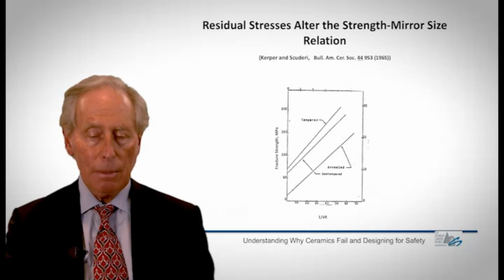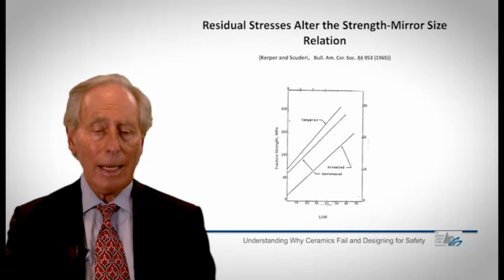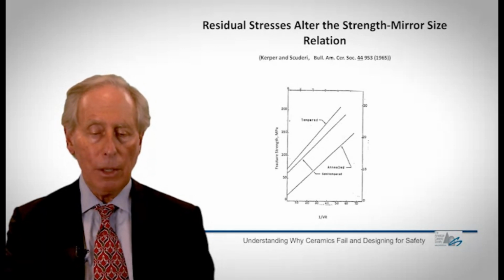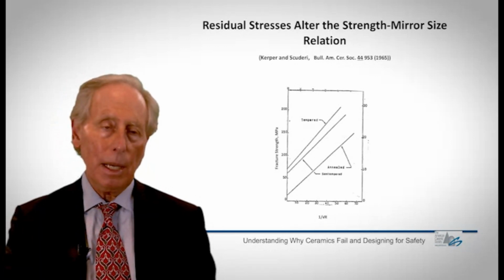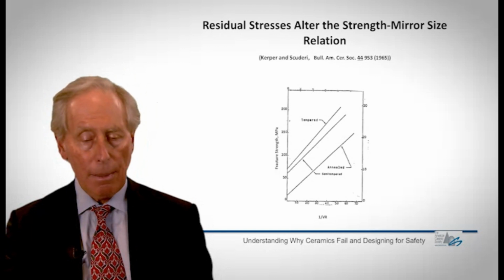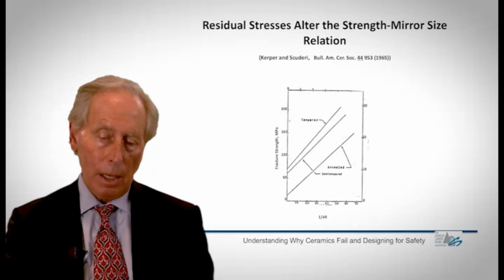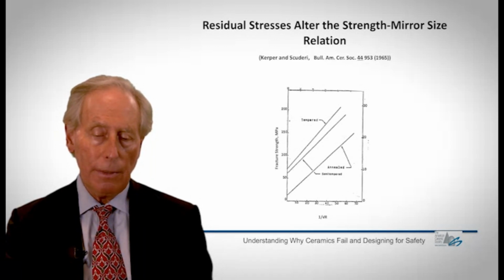Another aspect that I think is important is that the residual stress, or lack of residual stress, in the component can be determined by measuring the strength mirror size relation in that material. So if there's a macroscopic residual stress, say because I didn't fully anneal the glass, then instead of a curve that looks like this, if I plot 1 over the radius versus the strength, I get curves that have the same slope, which are displaced because of the degree of tempering.